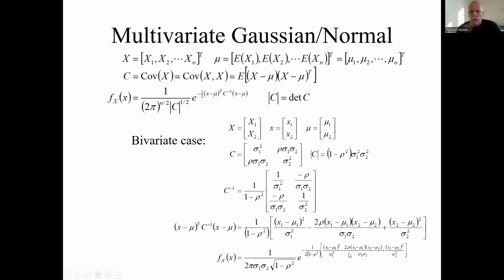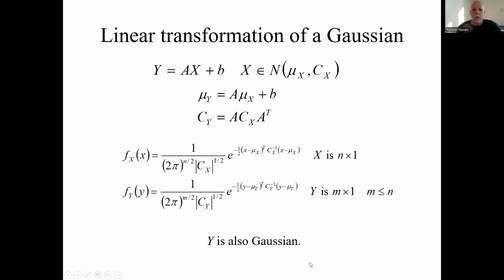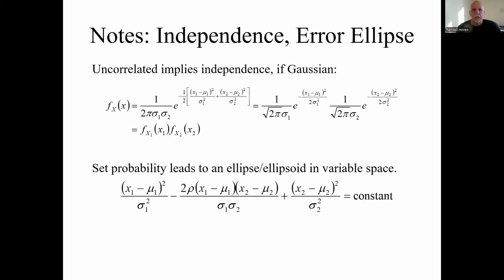Well, let's see. If they're uncorrelated, rho is 0. So this term goes away, and this middle term goes away. You break up this exponent, and this whole middle term goes away. I'm kind of getting ahead of myself.